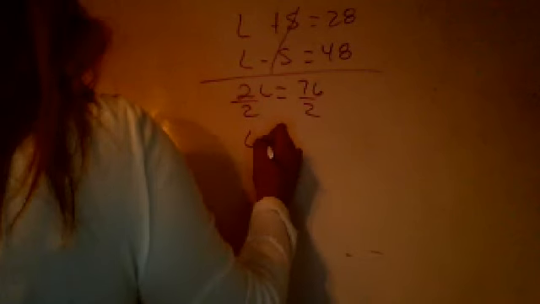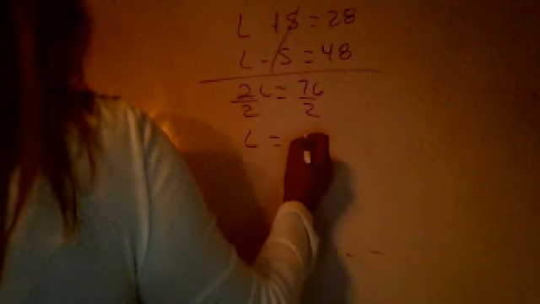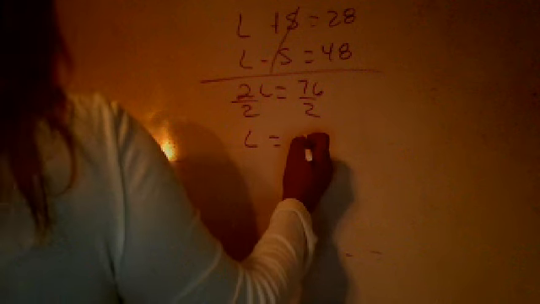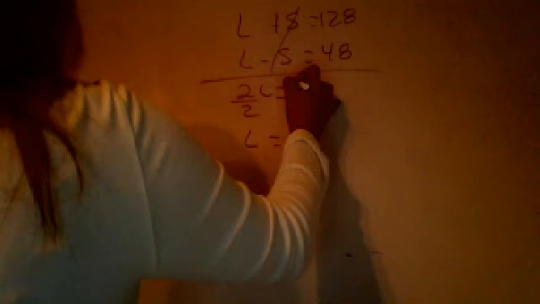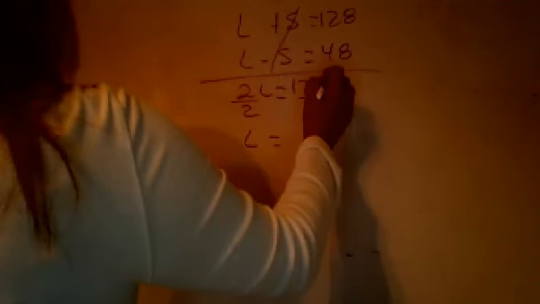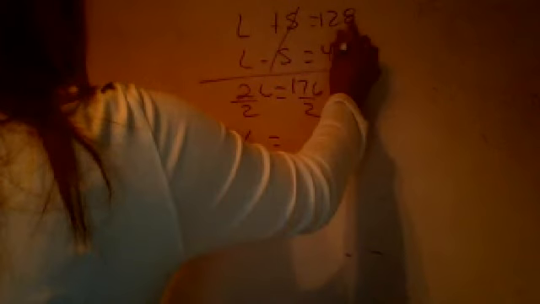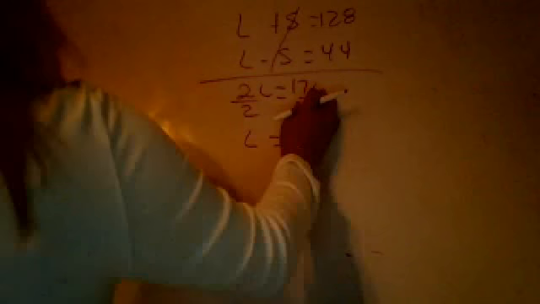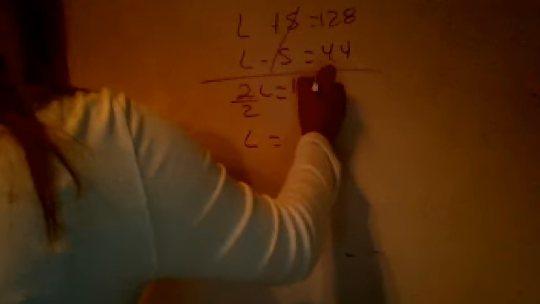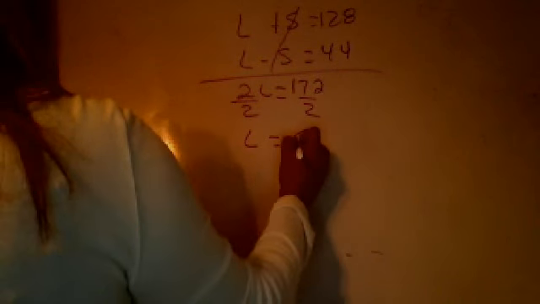So 2L equals, divide by 2, L. Oops, that was 128, and this is 44. Sorry. So they're 172, which is L is 86.